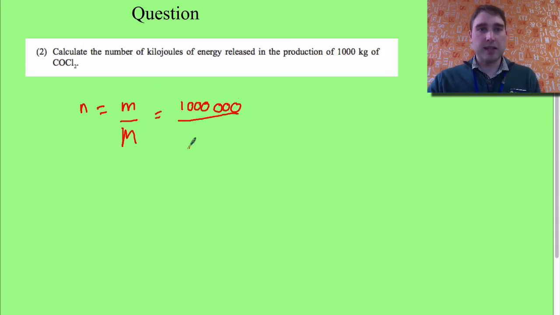And our molar mass of COCl2 is 12.01 plus 16 plus 2 times the molar mass of chlorine, which is 35.45, I'm pretty sure, from the periodic table. We can shove that in our calculator and see what we get.